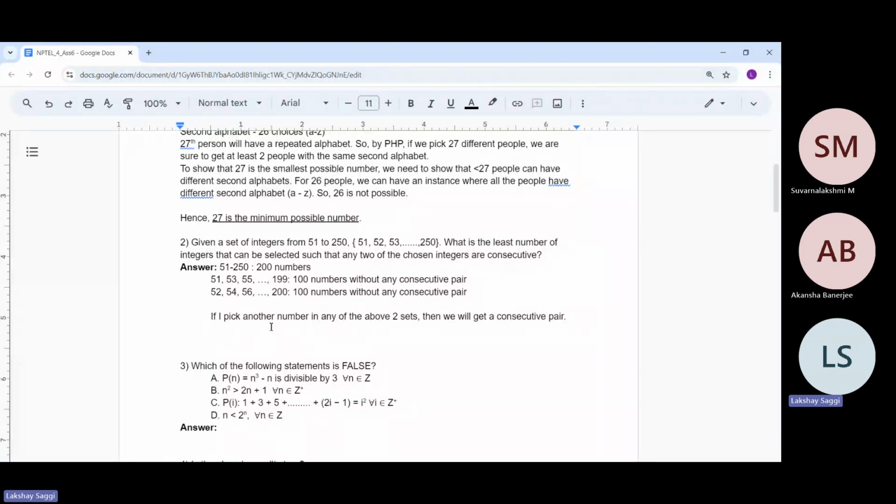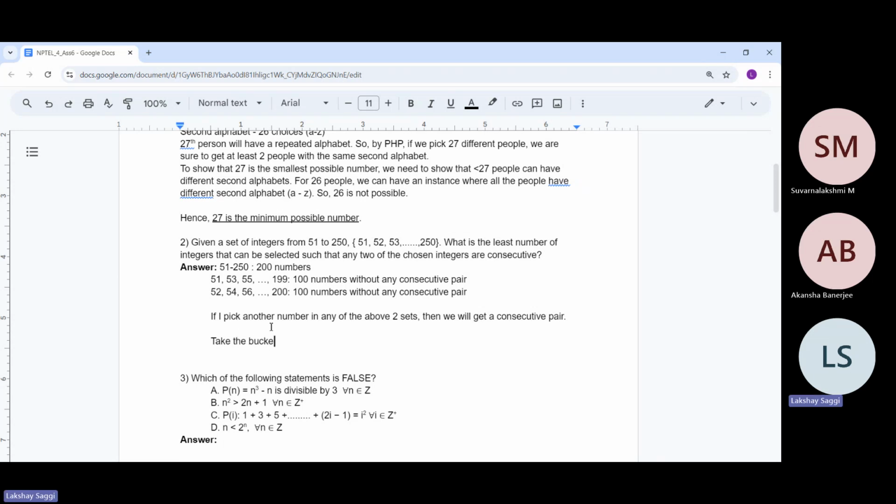And now how do we actually prove that 101 would be correct? We can just divide into buckets in the pigeonhole principle, we take some buckets and fill them with objects. So take the buckets as 51 to 52, 53 to 54, 55 to 56, and so on till 199 to 200.